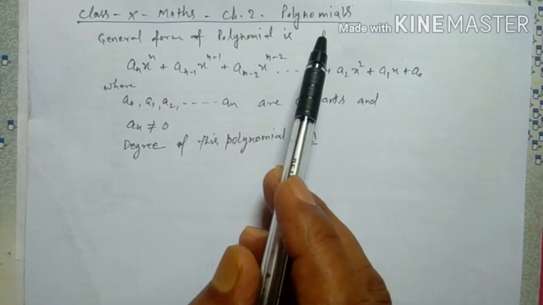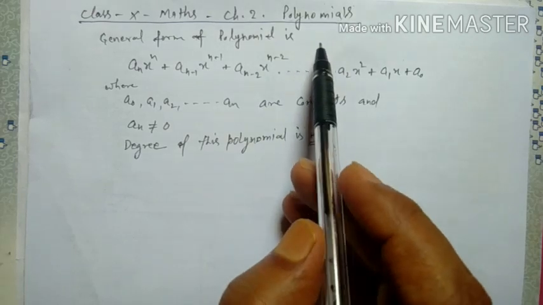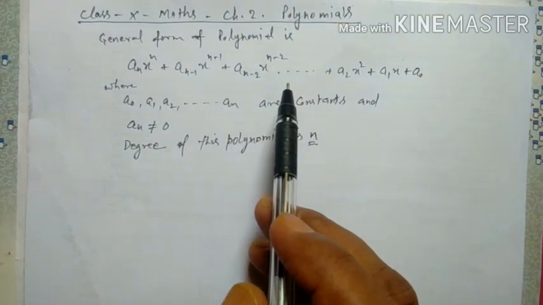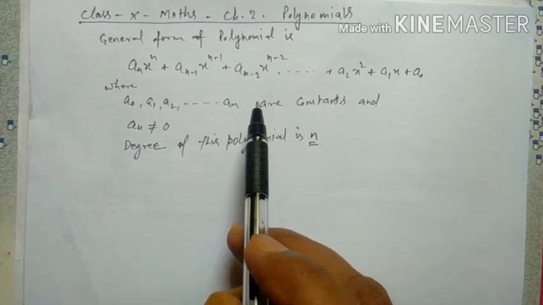And what is a polynomial? A polynomial is an expression consisting of constants, variables and exponents.